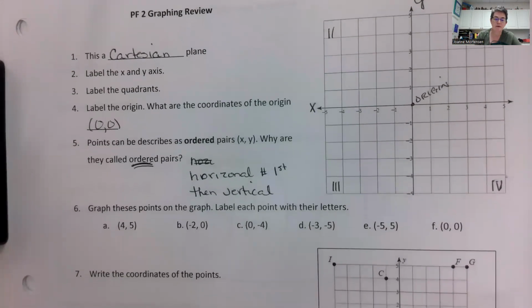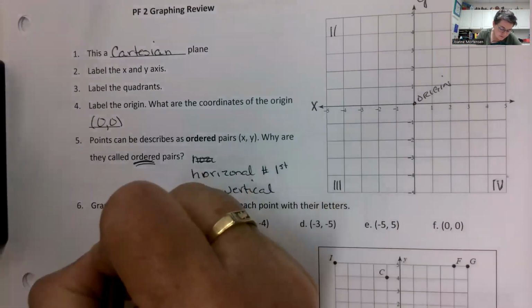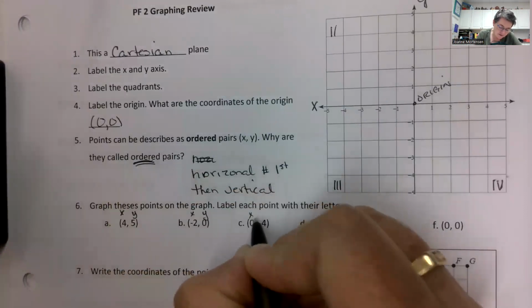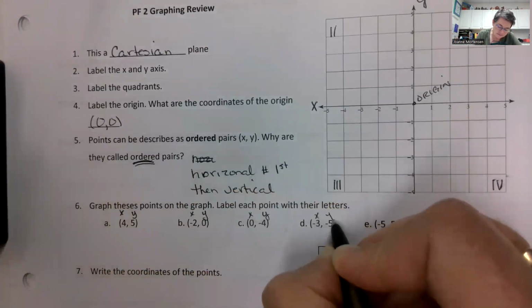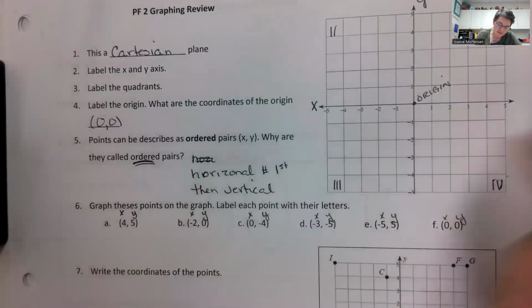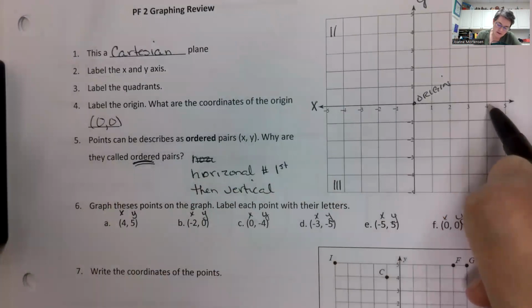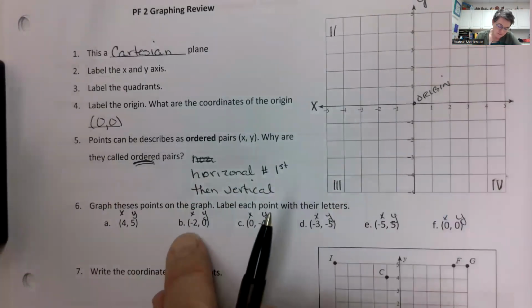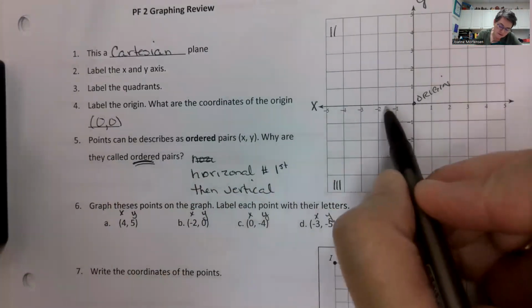Okay, so graph these points. If you need to, although you shouldn't, you can always do that. All right, so this is 4 over and 5 up. So that's A. And minus 2, so it's going to be 2 to the left.